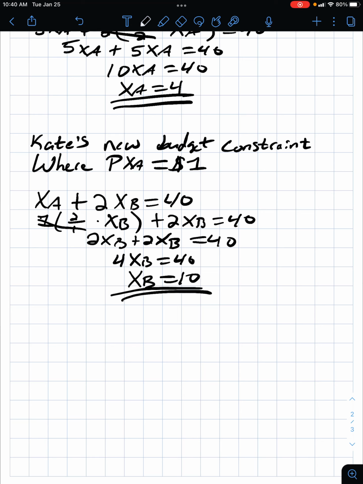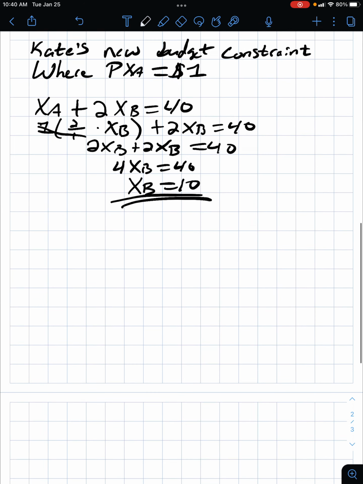So Kate's demand for bananas stays the same, which makes sense because the price of bananas stayed the same and her income stayed the same. So now let's find Kate's demand for apples as it decreased to $1. So we have x of a plus 2 times 1 over 2 times x of a is equal to 40.